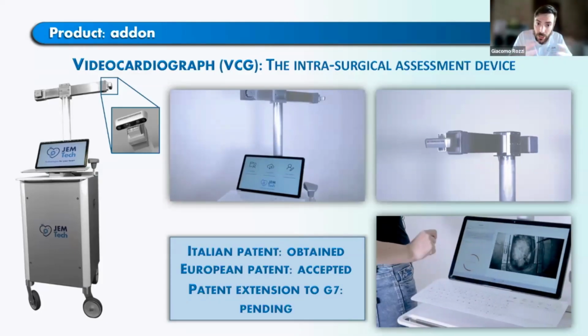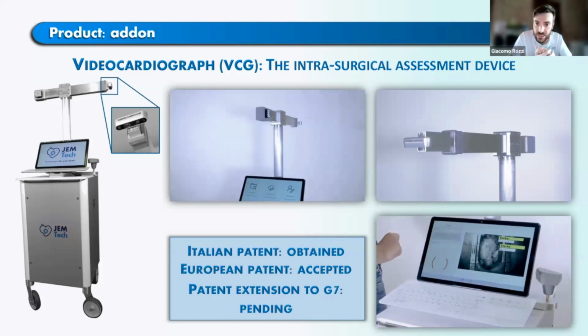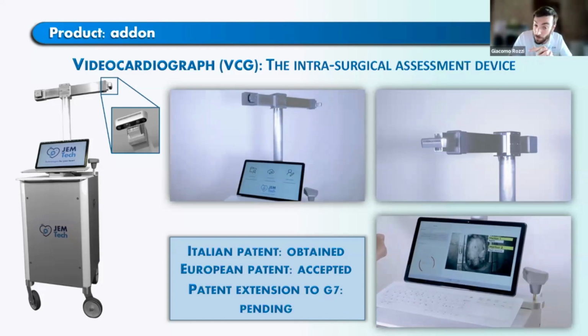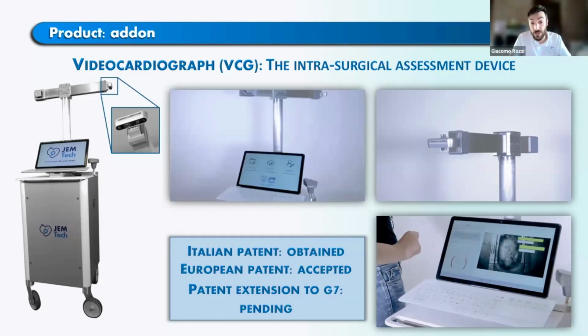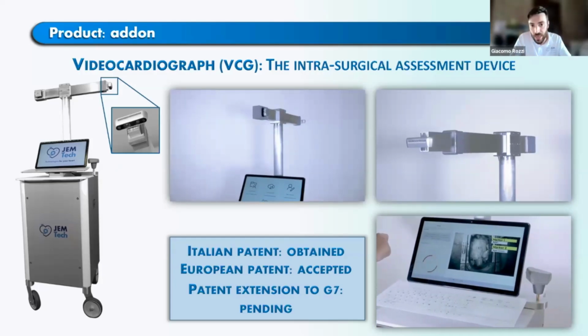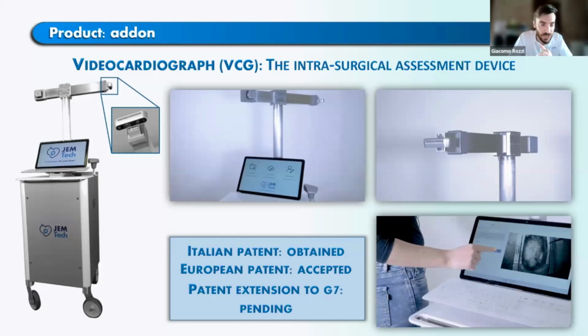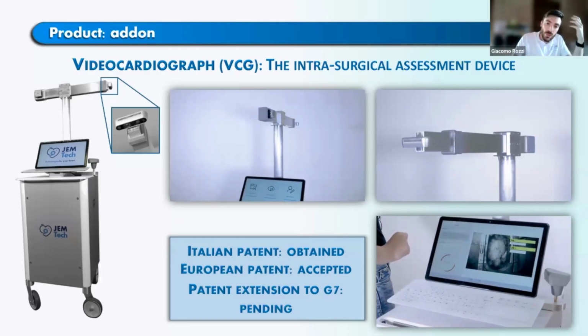And we worked a lot to obtain the patent. We obtained the Italian patent, the European patent has just been accepted about 1 month ago, and we have also extended our patent to G7 countries, so Canada, US, Europe, and Japan. And this also took a lot of time.